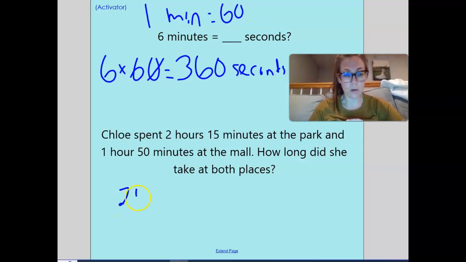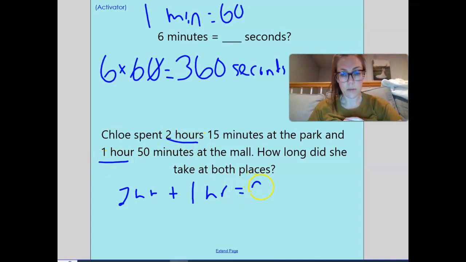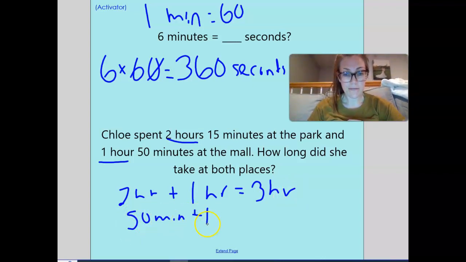So 2 hours plus 1 hour equals 3 hours so far. And now 50 minutes plus 15 minutes would be, well, 50 plus 10 would be 60, and 60 plus 5 more would be 65.